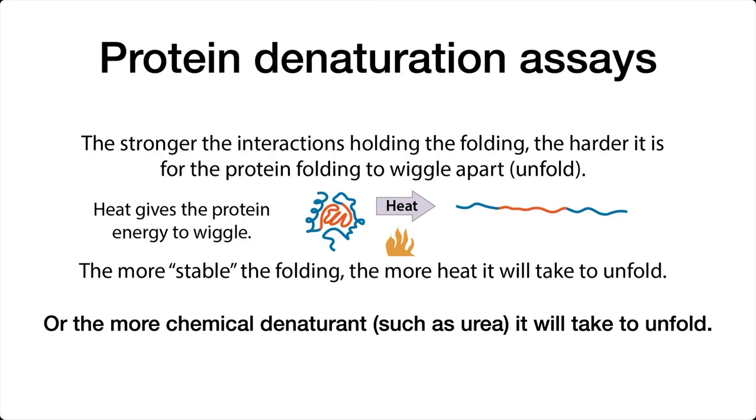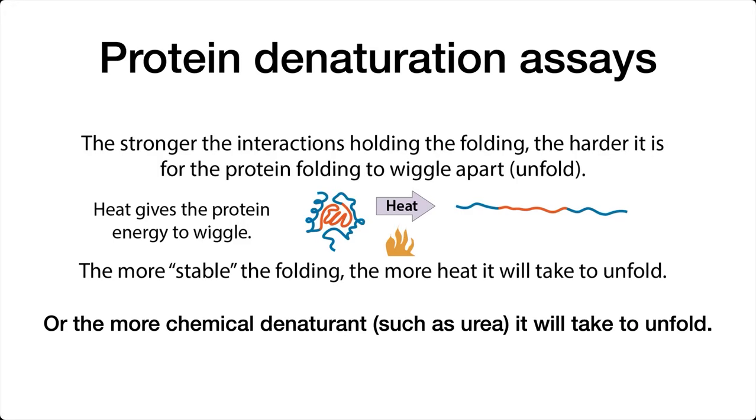If you give it enough heat, you're allowing it to have the energy it needs to wiggle. And if it wiggles enough, it can break free of its folding, even if it's really sturdy. But it's going to take a lot more wiggling to unfold a sturdier protein. Similarly, it's going to take more chemicals that disrupt things if you have a sturdier protein.